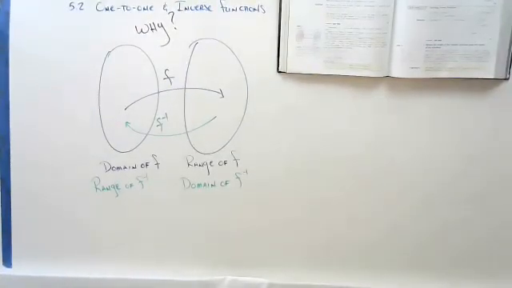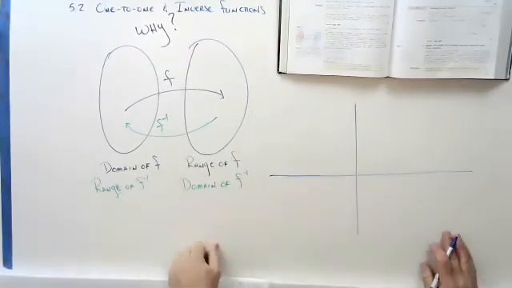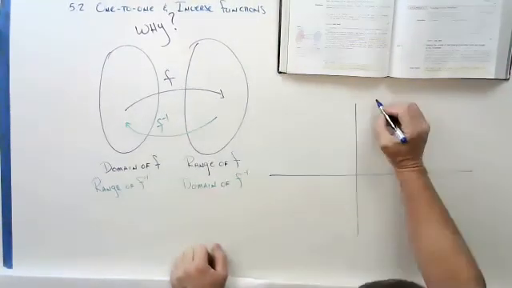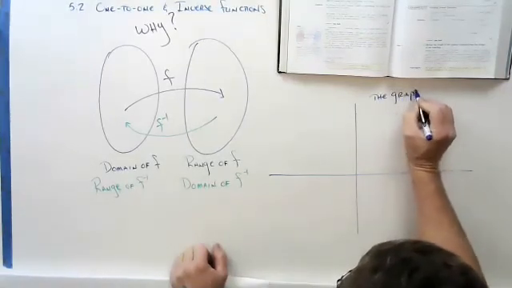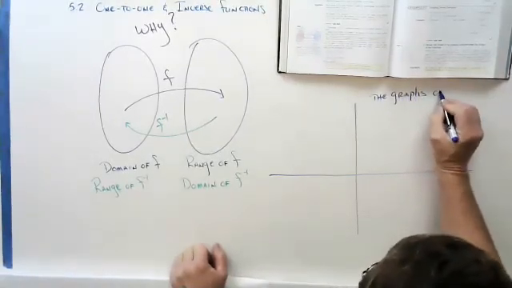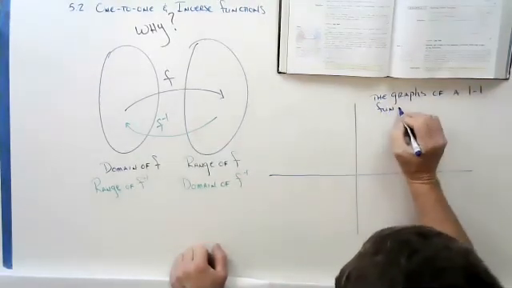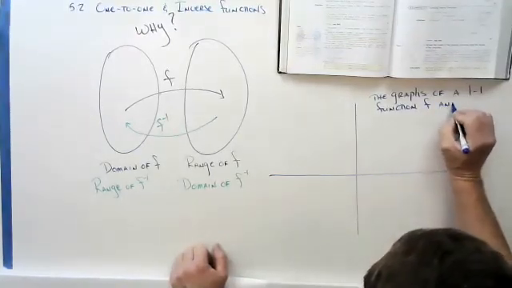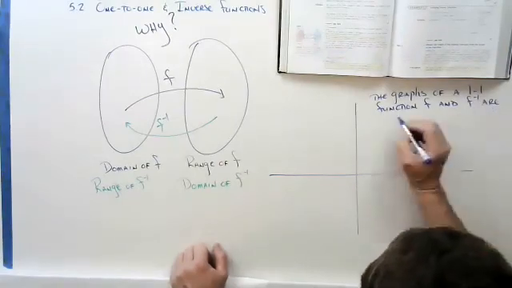Now, in geometry and in algebra 2 and in algebra 1, they taught you something about the graph, right? They said the graphs of a one-to-one function f and its inverse are symmetric.